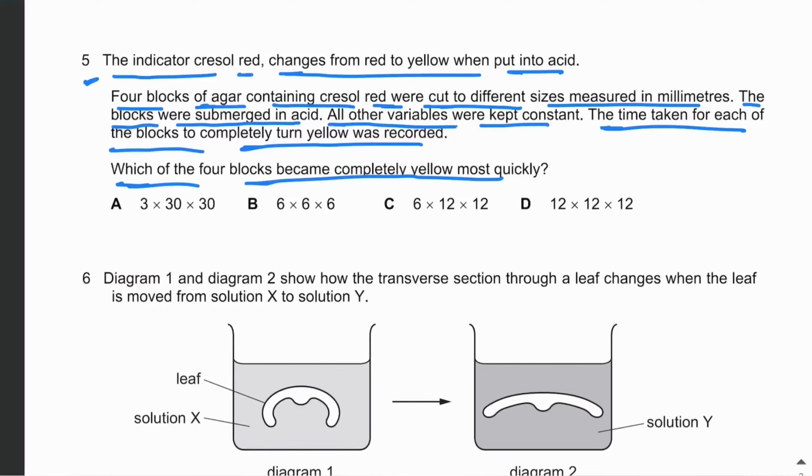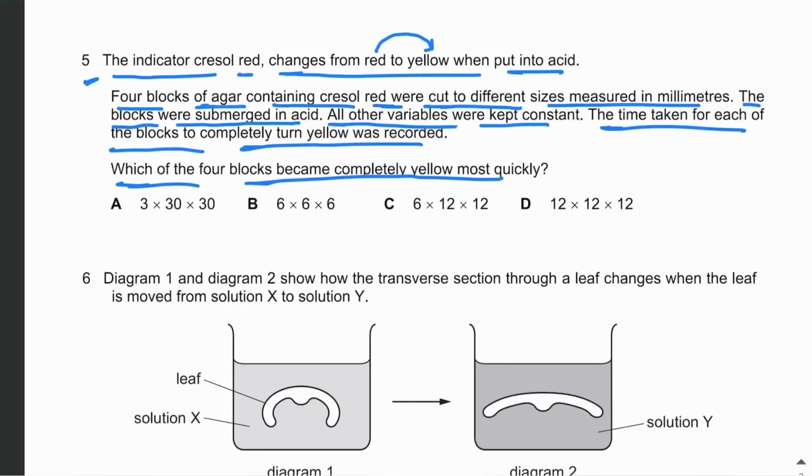So guys, in this question they are saying that there's an indicator called cresol red which changes from red to yellow when put into acid, right? So there were 4 blocks of agar which contained cresol red, and they were cut into different sizes measured in millimeters, right? And then these blocks were placed in acid.